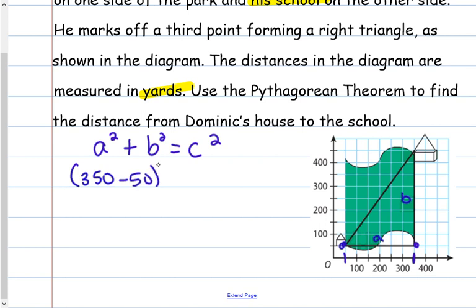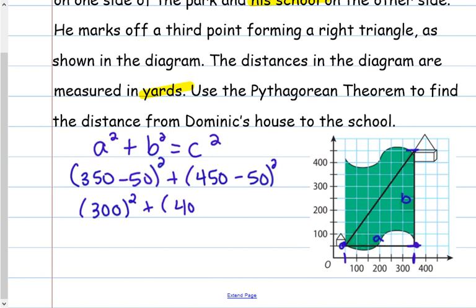Well, that's going to give me a total of 300, and then I'm squaring it. And then I'm going to add, well, for B, if I'm up here at 450 minus down here at 50 squared, that's going to give me 400 squared equals c squared. This also equals c squared.